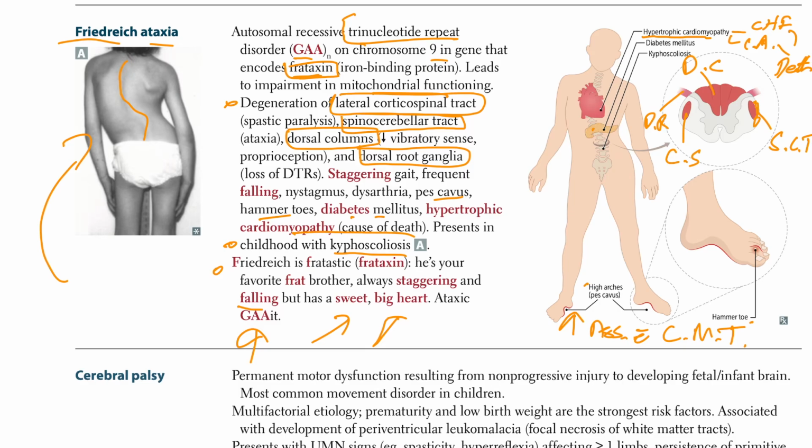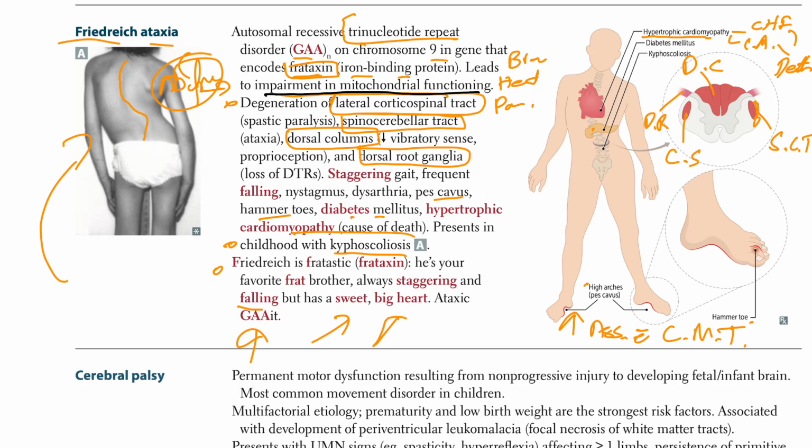Frataxin is a mitochondrial, iron-binding protein present in high levels in the brain, heart, and pancreas. So when you have an abnormal frataxin because of a trinucleotide repeat, it leads to impairment in mitochondrial functioning.